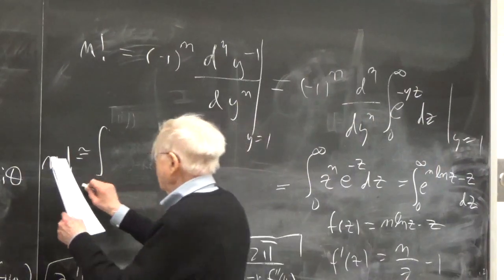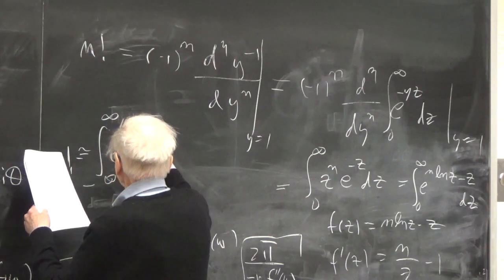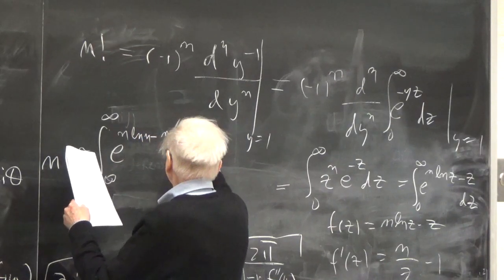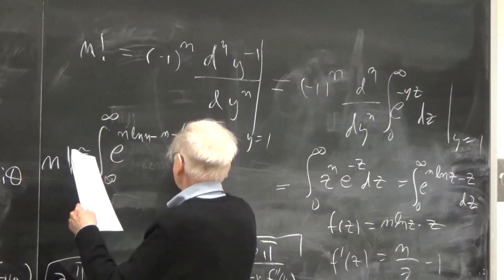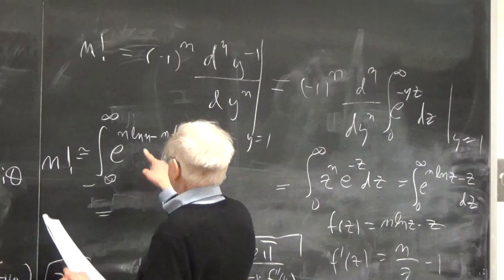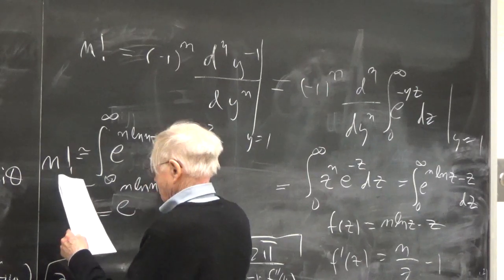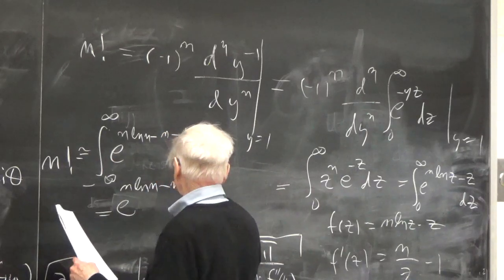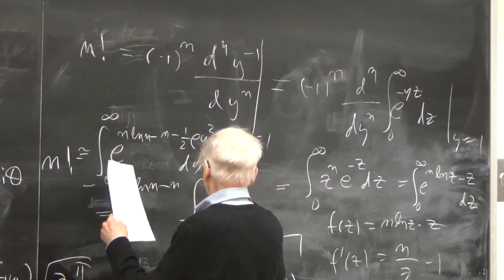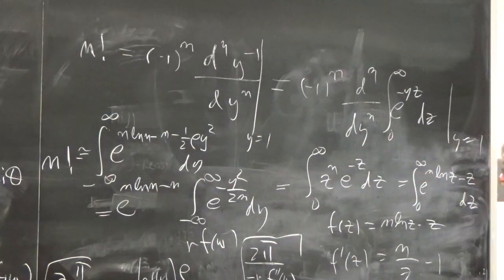So also here, we're going to be integrating minus infinity to plus infinity, e to the n log n minus a half rho y squared dy. And so this part we can pull out. So this is e to the n log n minus n. And then we have the integral minus infinity to plus infinity, e to the minus y squared over 2n dy. Well, this is another famous integral.